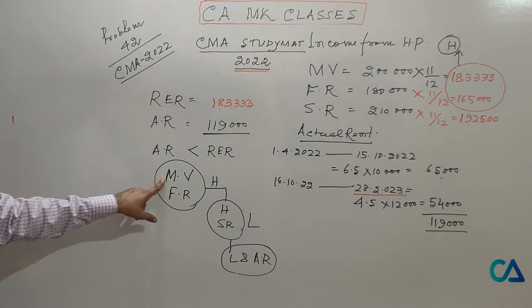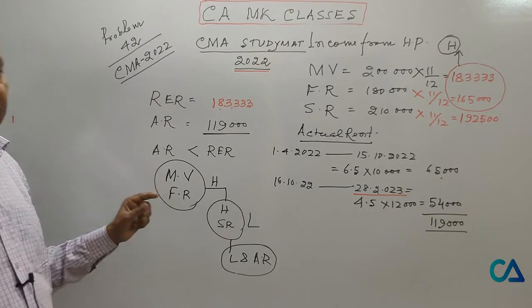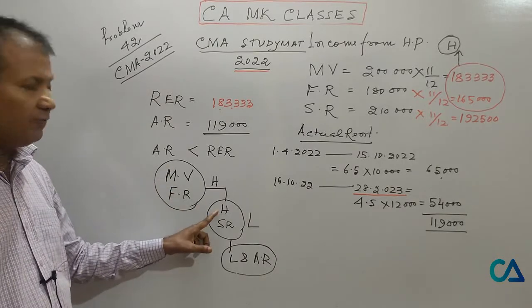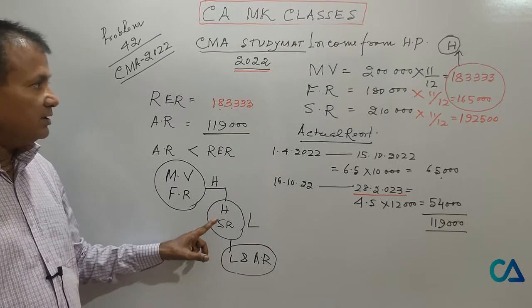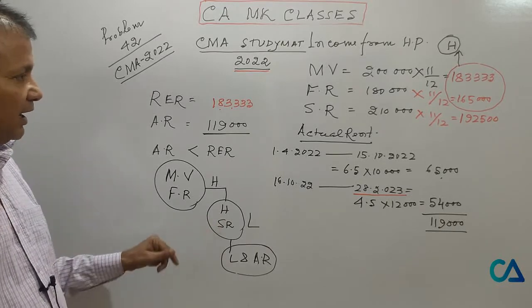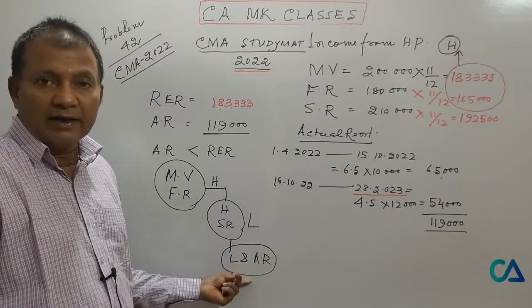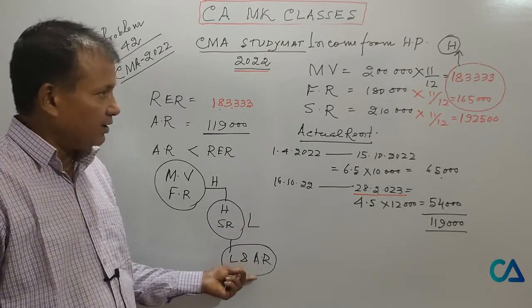So municipal value 1,83,333, fair rent 1,65,000, which is higher: 1,83,333. Standard rent 1,92,500, which is lower? So the lower is 1,83,333.